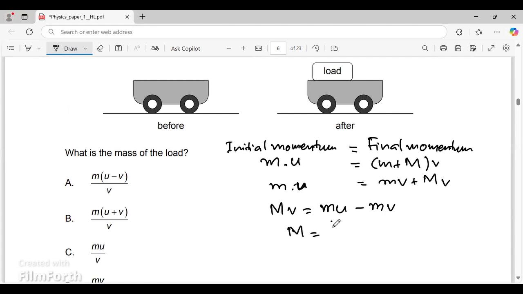Expanding this, mv plus Mv equals mu minus mv, so M equals (mu minus mv) divided by v, or M equals m(u minus v) divided by v. Which one? This one.